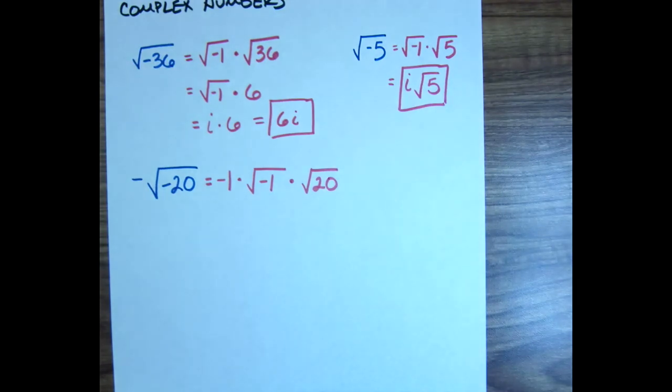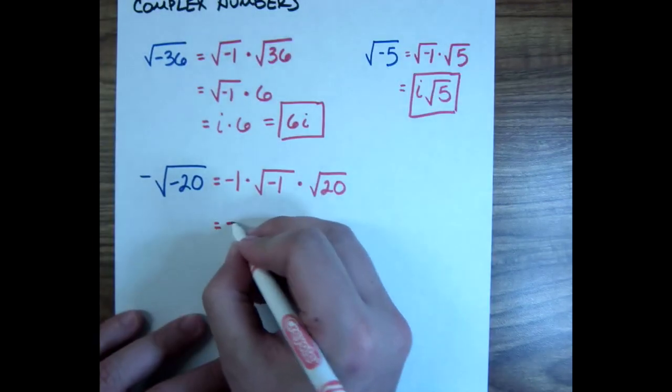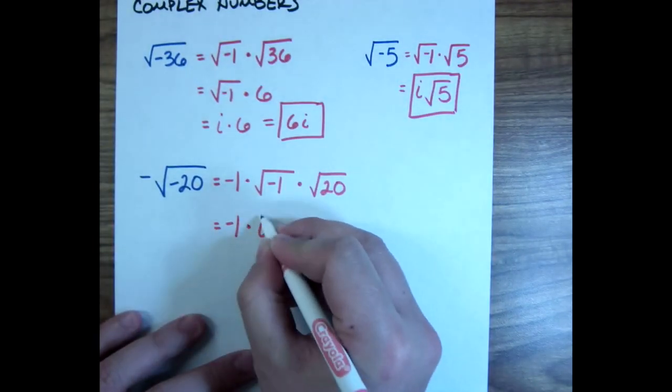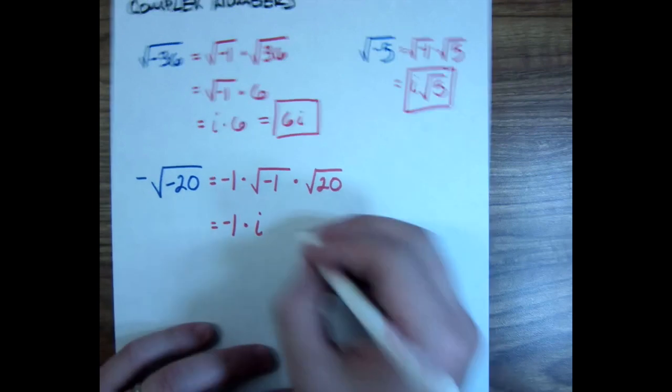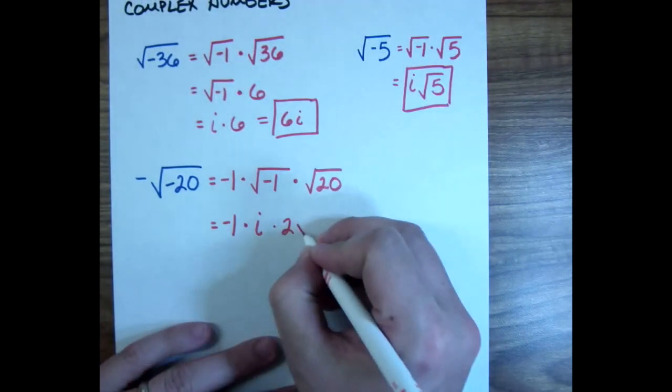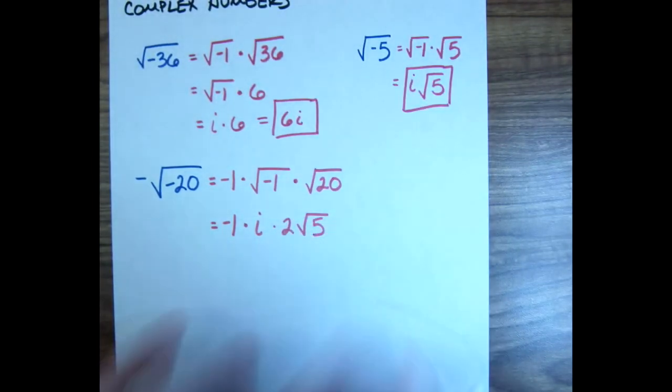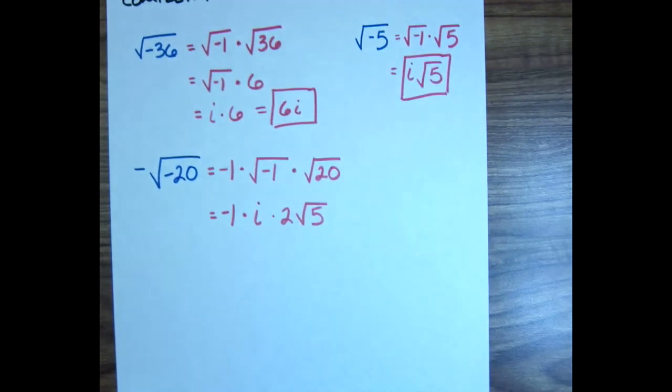So it's -1 times i times the square root of 20. But 20 can be simplified. 20 is 4 times 5, and the square root of 4 is 2, so 2 root 5.